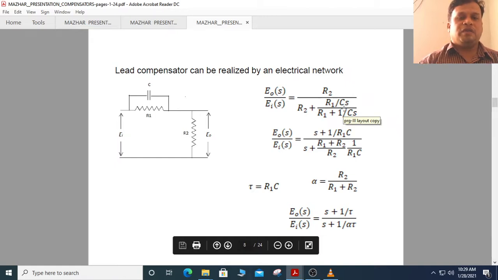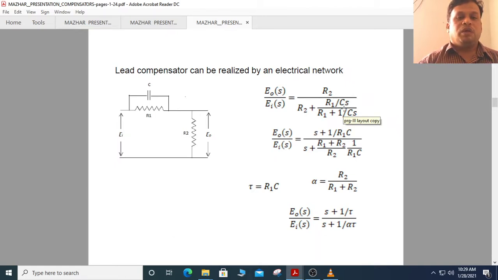Next, Eo(s)/Ei(s) = (s + 1/(R1 C)) divided by (s + (R1 + R2)/R2 times 1/(R1 C)). Therefore, tau is equal to R1 C and alpha is equal to R2/(R1 + R2).